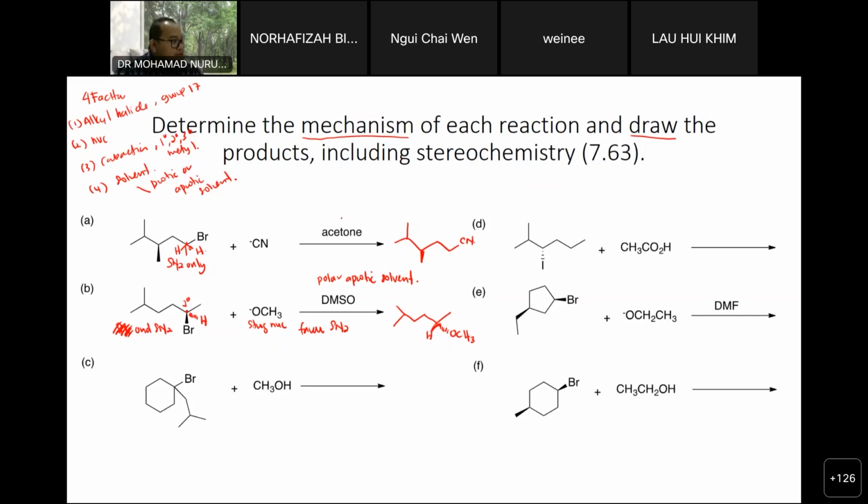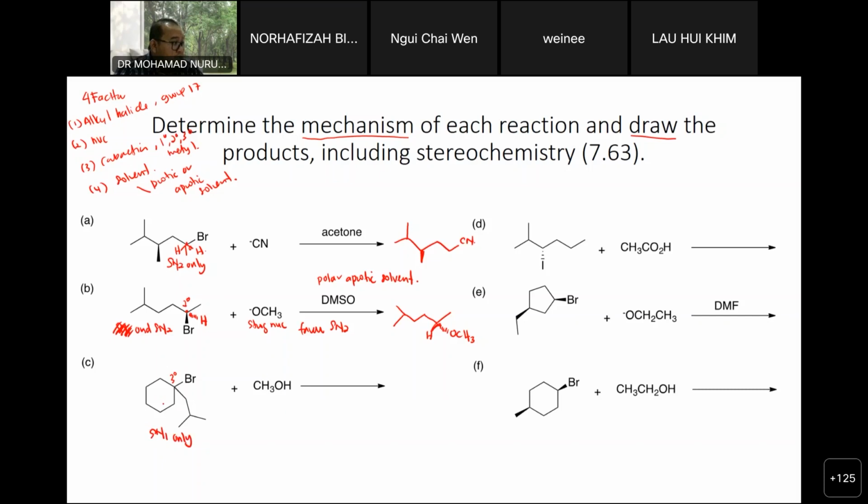Next question. Let me see the time now. Okay, still have time. The next question is a tertiary alkyl halide. So you have to analyze any information that you get. This is a tertiary alkyl halide, so it only favors SN1.